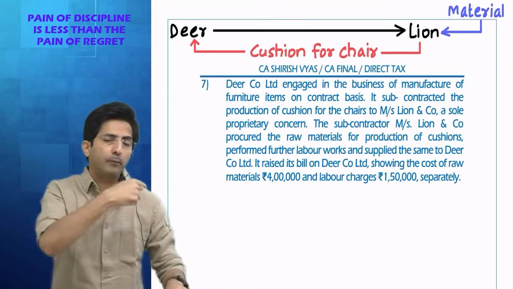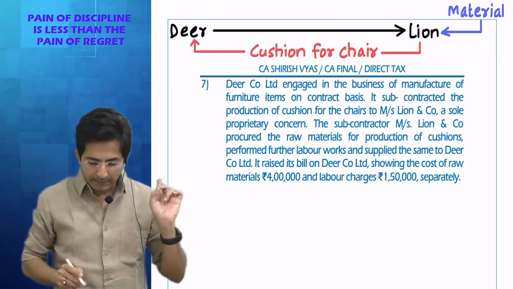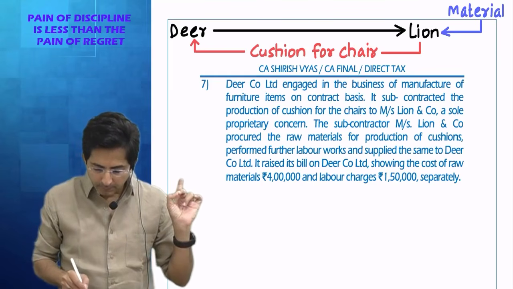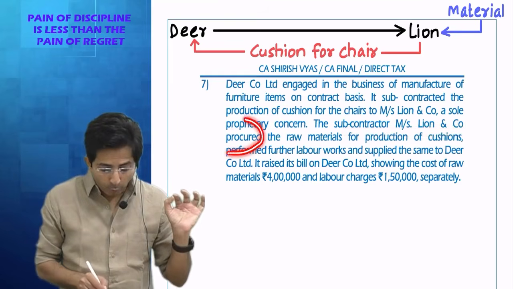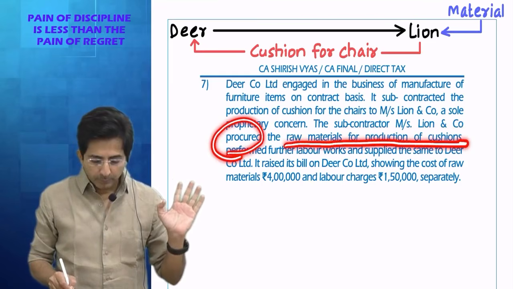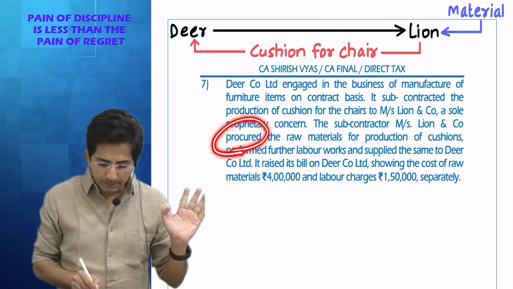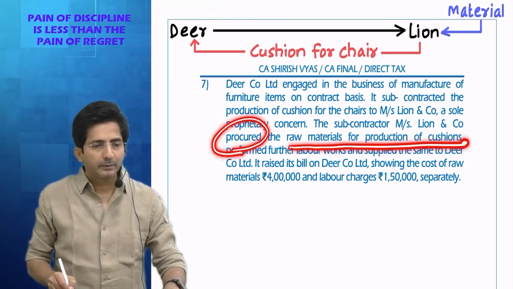Tell me, how do I know by reading the sum that I have not supplied the material? See the language of the question. Read. Subcontractor Lion, read this. Procured the raw material for production of cushions. So procured means it purchased the raw material for production of cushions. But from where? Here the problem is silent.